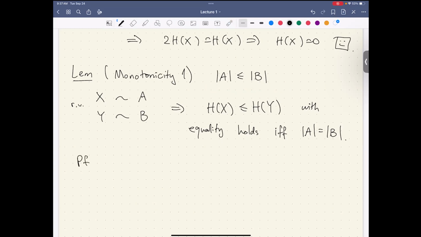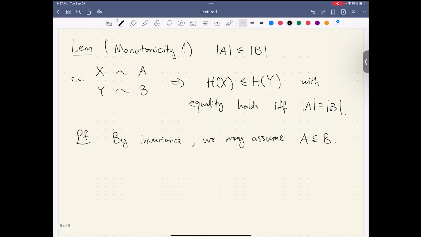So to prove this, first, by the invariance axiom, we may assume A is a subset of B. Okay.